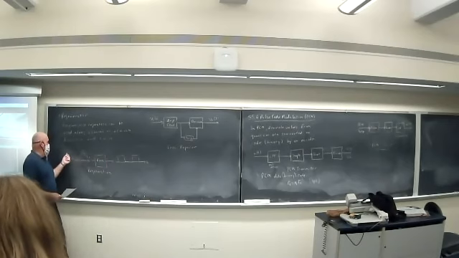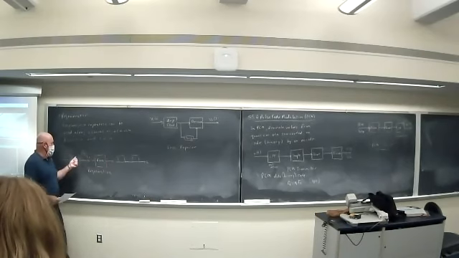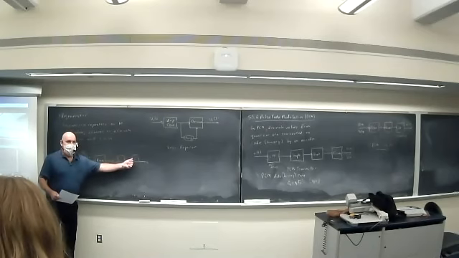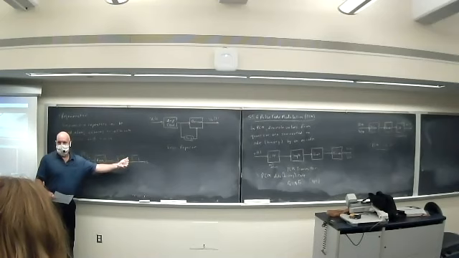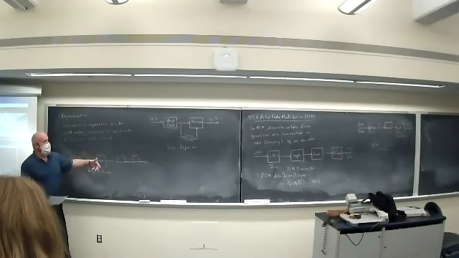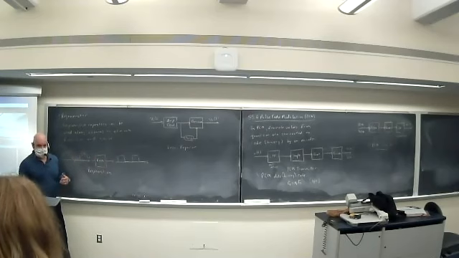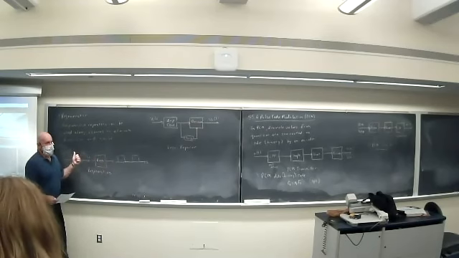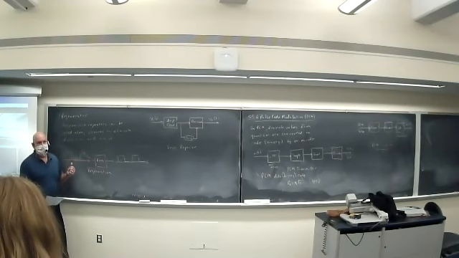A noise spike when a 1 is present might take you below the threshold value, and then instead of outputting a 1, I output a 0. That would be a bit error. So we can get bit errors occurring with regenerative repeaters. The bit error rate depends on the signal to noise ratio in the waveform.